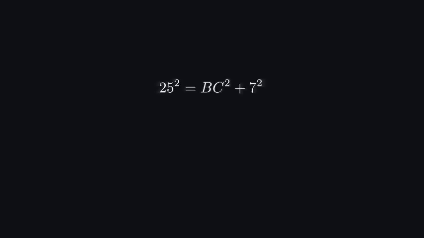Original position. Substitute the known side lengths. 25 squared equals BC squared plus 7 squared. BC squared equals 25 squared minus 7 squared. This gives BC squared equals 625 minus 49.